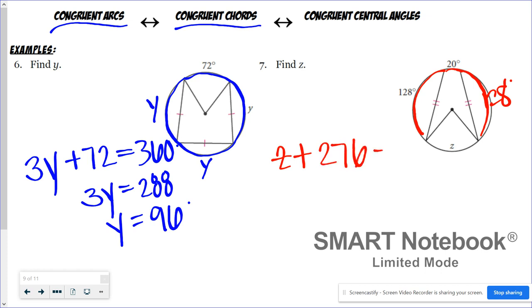And that gives us 360 when you add it to arc C. Then if we do some subtraction, we get that arc C is equal to 84.